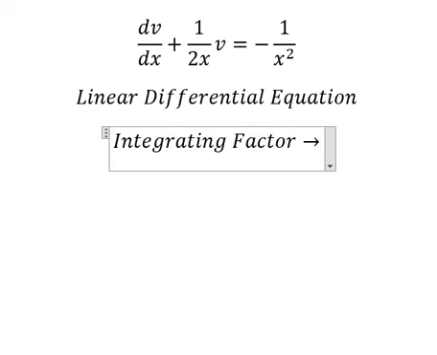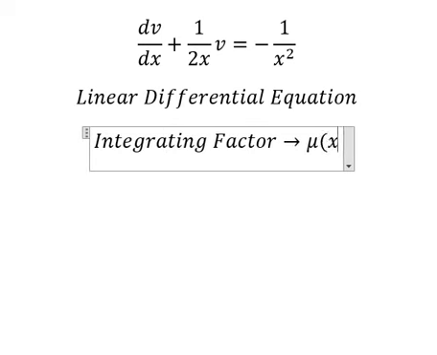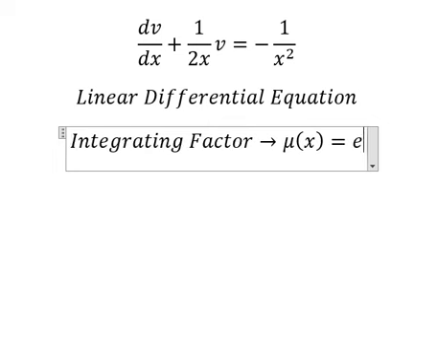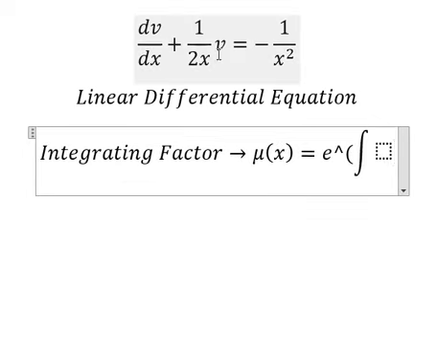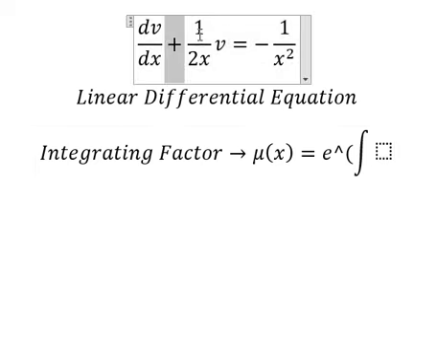So we need to find mu of x equals e to the power of the integration. We can see the positive 1 over 2x next to v. This is for the integrating factor, and I will put this one here.